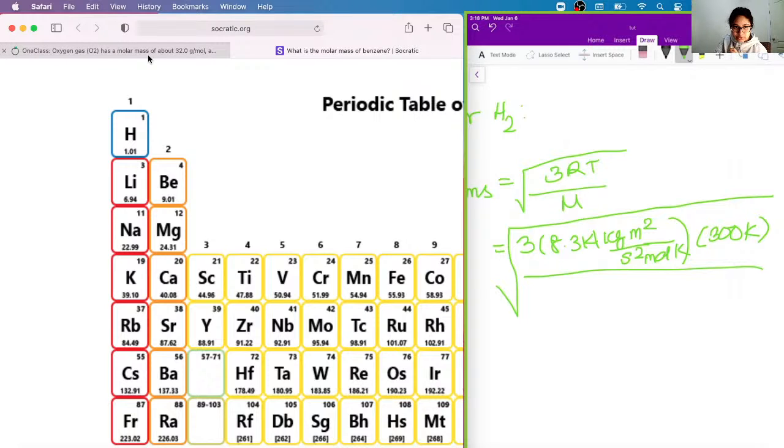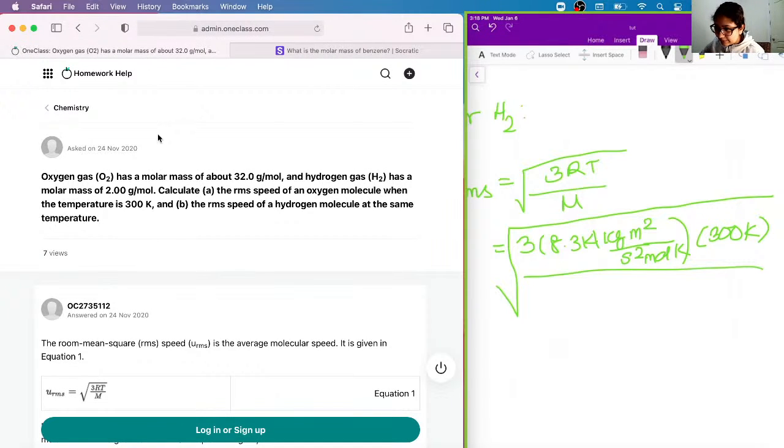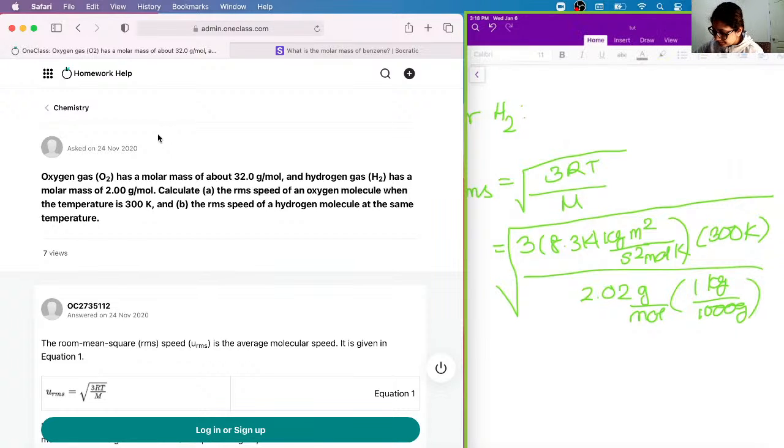Times that by 2, we get 2.02 grams per mole. If you want to convert this, we just times this by 1 kilogram over 1,000.